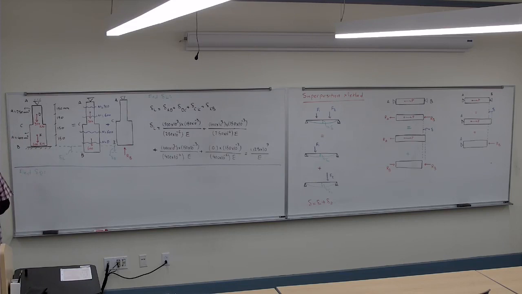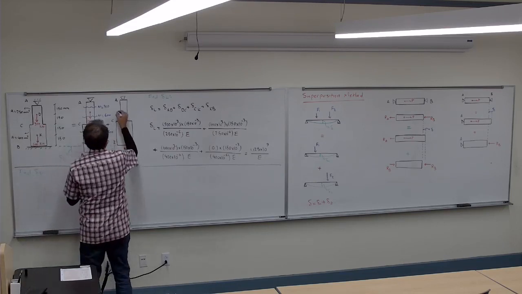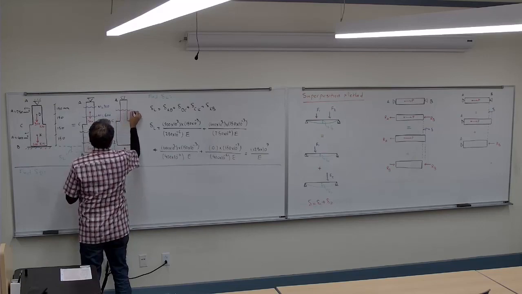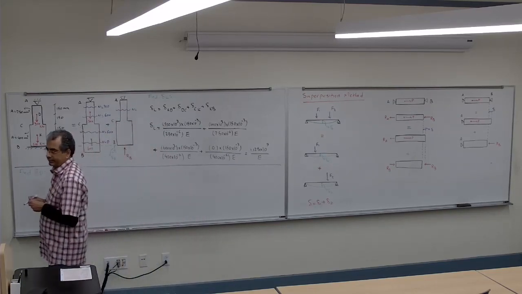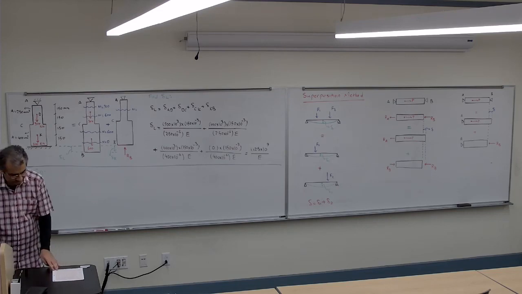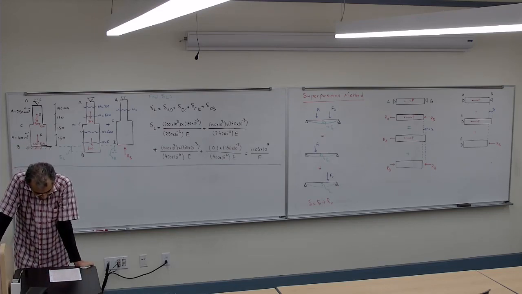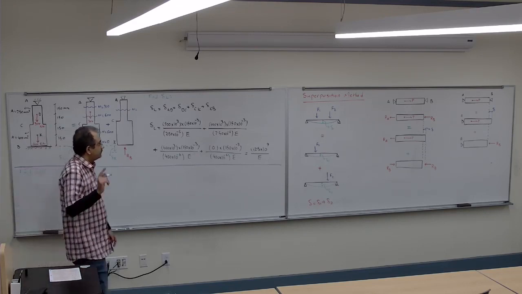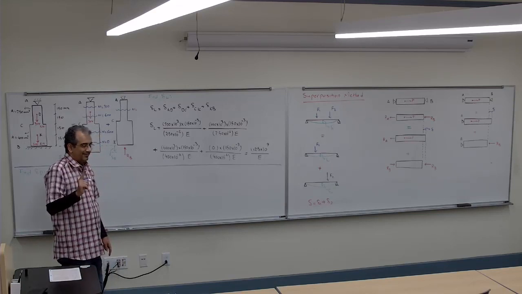So for find delta R, how much is the N here? Minus RB.